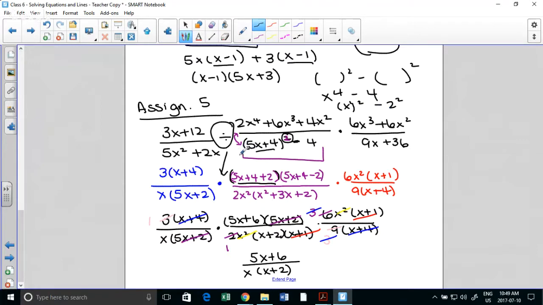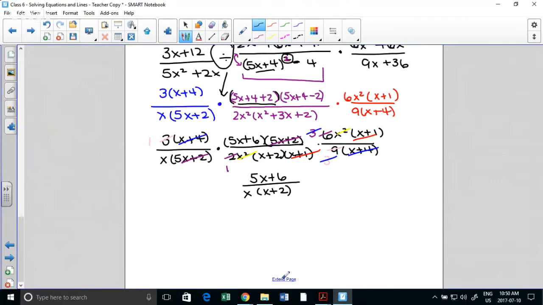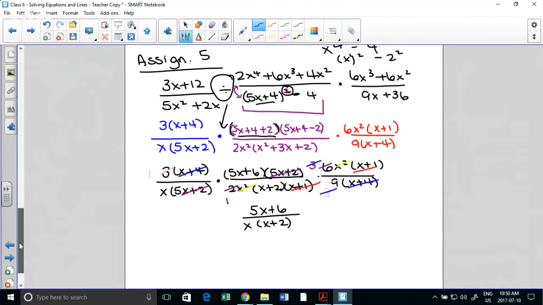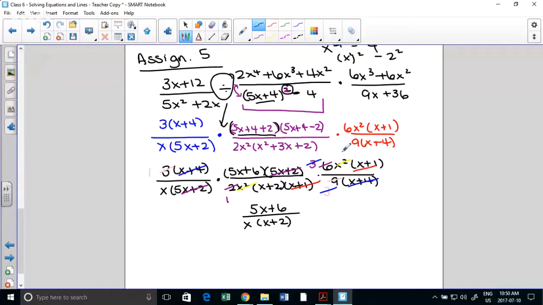And since this is the complete bottom, I can play that game. A 2x squared gets pulled out, leaving me with x squared plus 3x plus 2. And then I put a whole bunch of stuff together. So this I just recopied, this I just recopied. And then here, 5x plus 4 plus 2 gives me 5x plus 6.